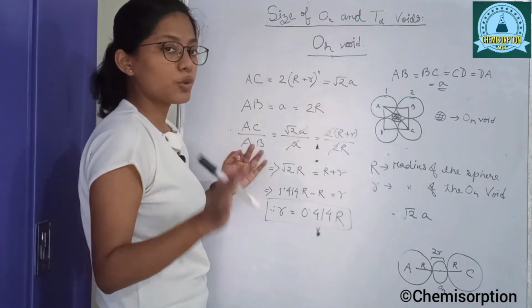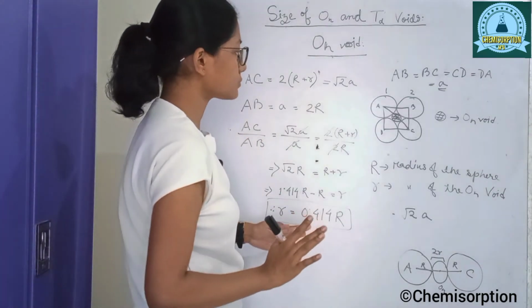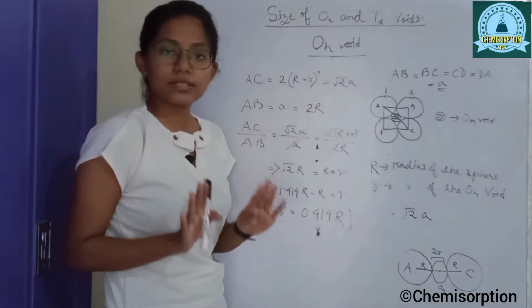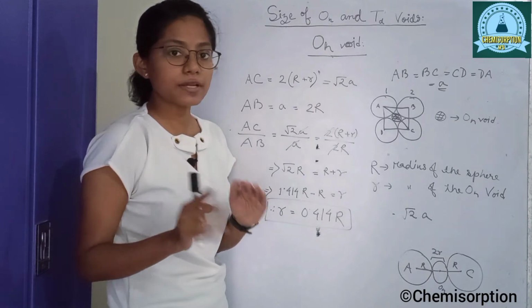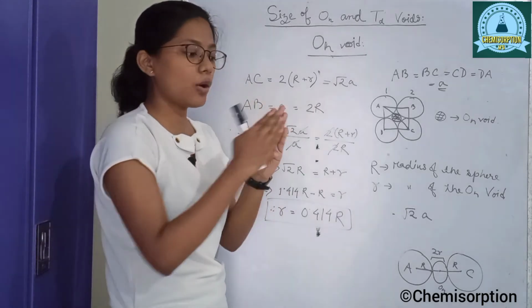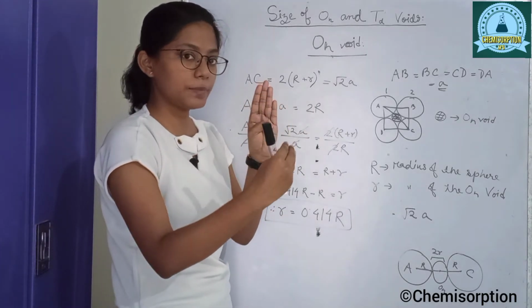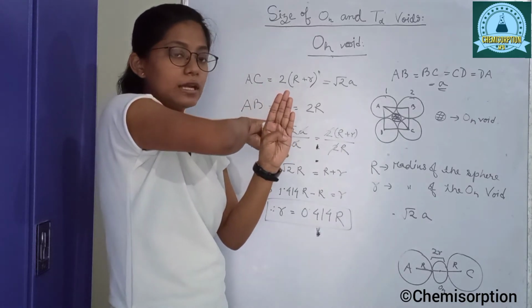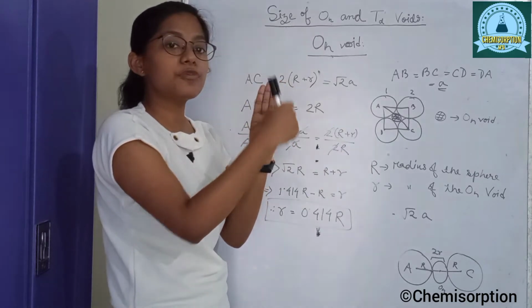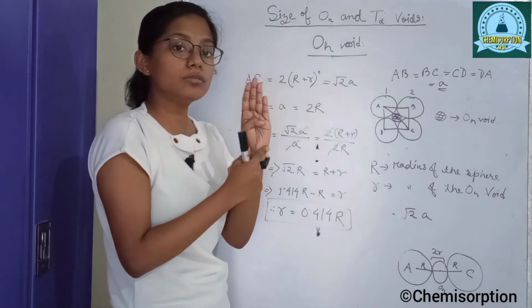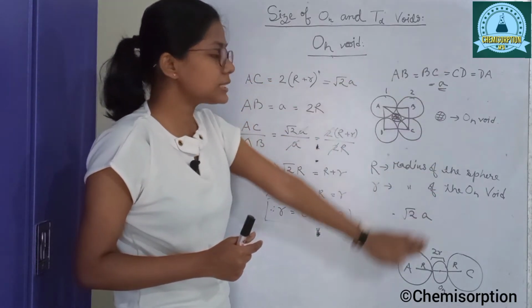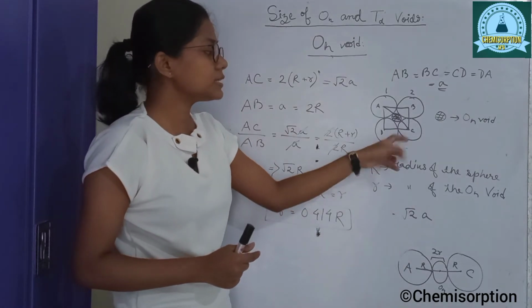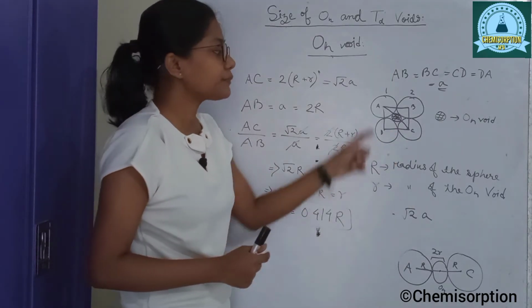So, in short, I am going to explain it again. We know an octahedral void is formed by 6 spheres, and of these 6 spheres, 4 lie on a plane. One is above the plane, another is below the plane. We are considering only these 4 spheres lying on one plane. Suppose this board is the plane on which these 4 spheres lie.